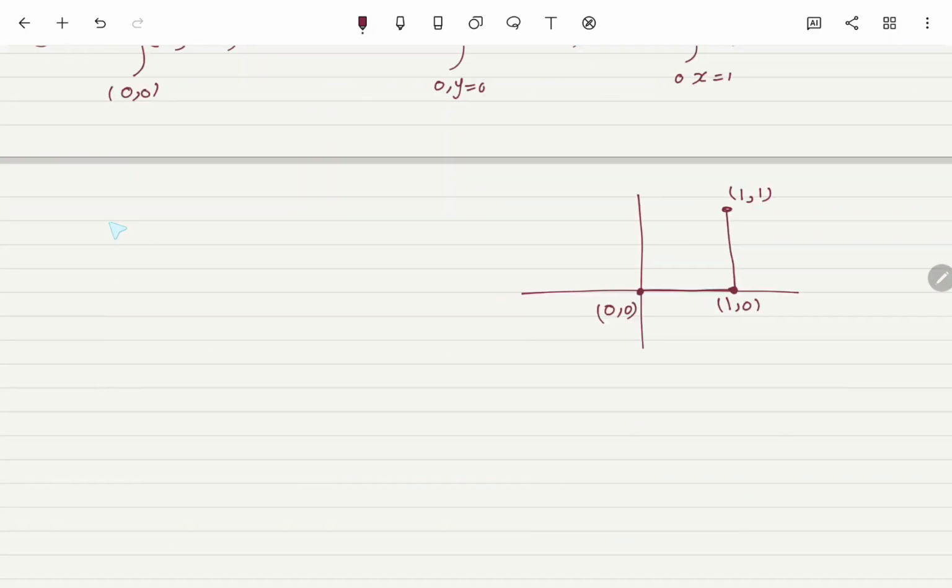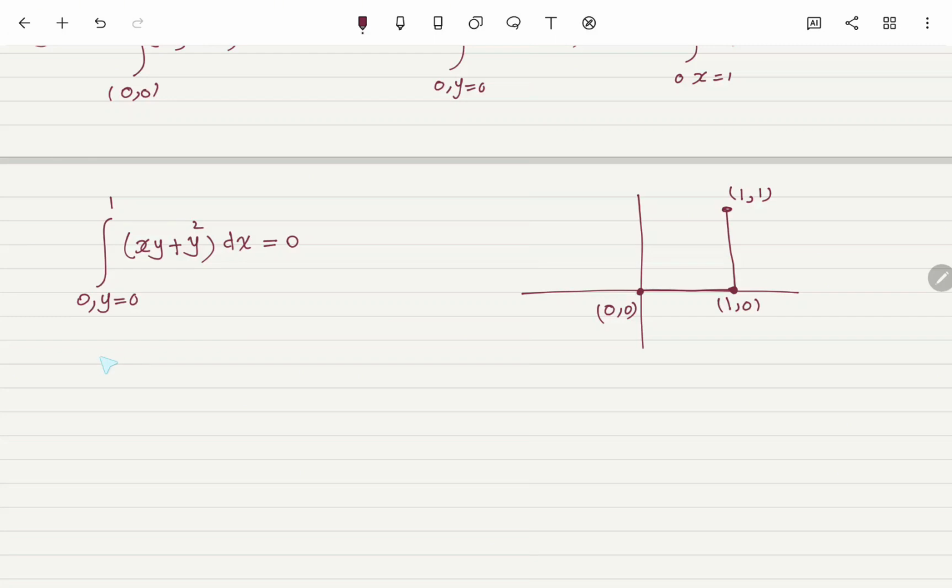Now the first integral, y equal to 0, from 0 to 1 of xy plus y square dx, equal to 0, because y equal to 0. If we substitute y equal to 0, the integral equals 0.